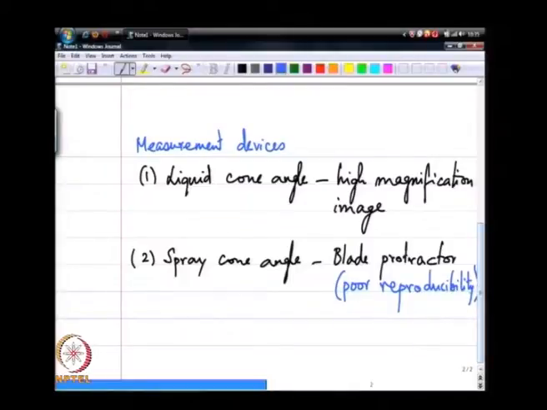is widely used. An alternate way is again going back to imaging and using image analysis.